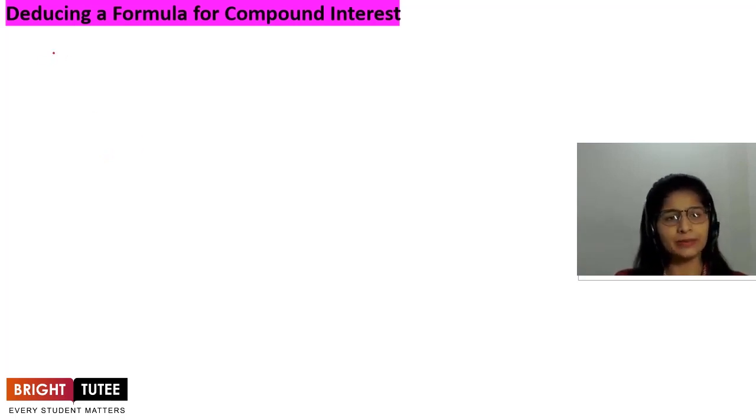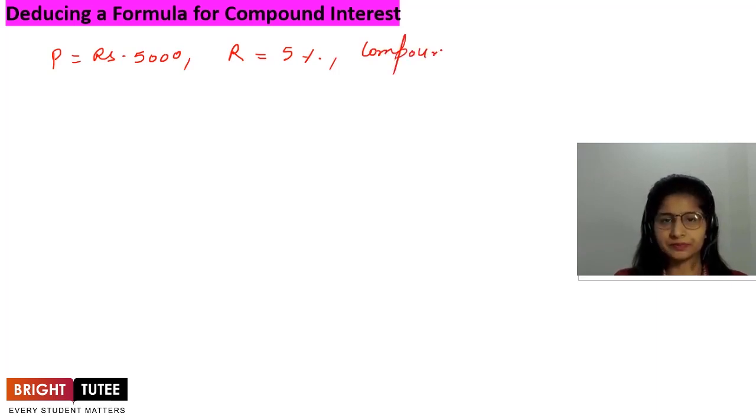So let's take the principal as rupees 5,000, and the rate is 5%, and it is compounded annually. So with the help of simple interest only, I'll get the formula for compound interest. So let us consider the first year principal is rupees 5,000.